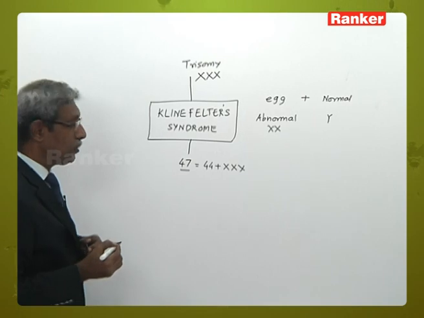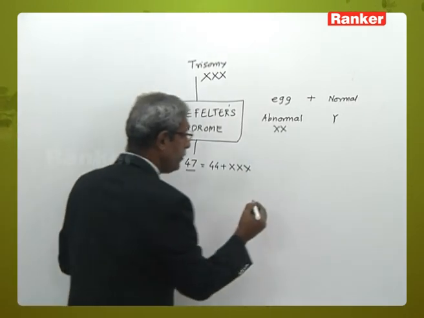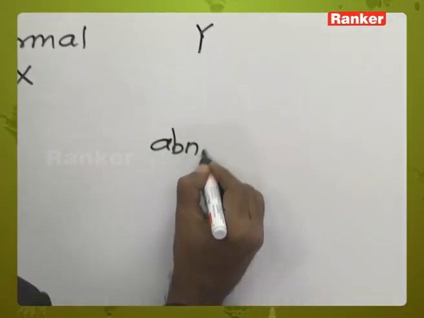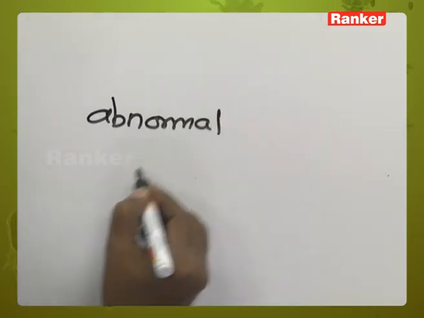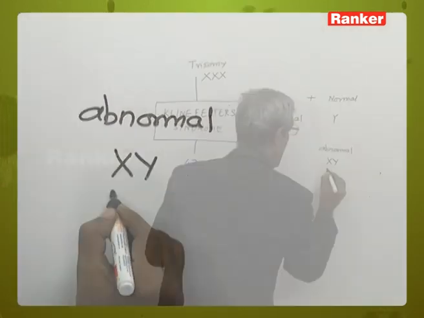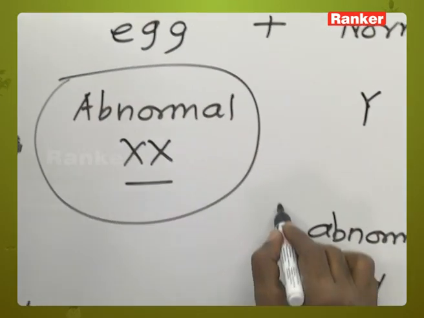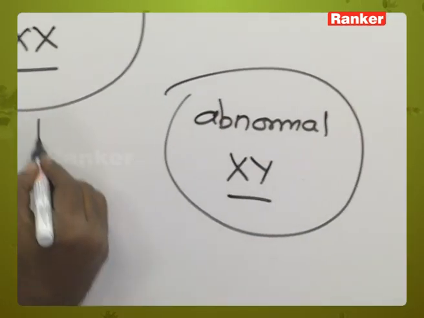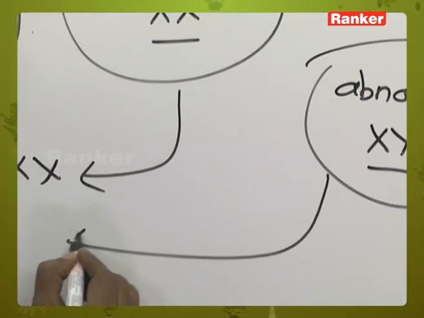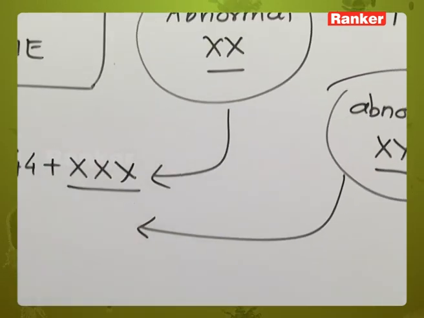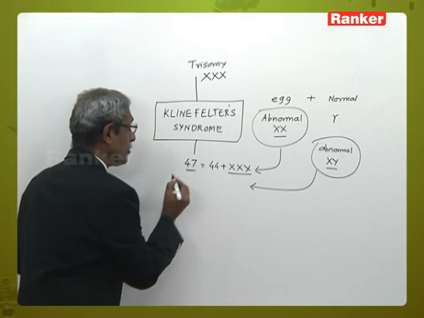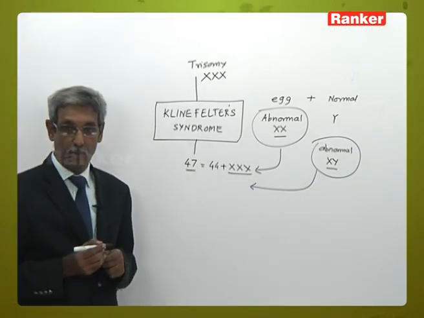The second situation could be if there is an abnormal Y chromosome, when it could be XY. So, a situation of an abnormal XX or an abnormal XY, both of these can lead to an increase in chromosomes, which forms 47 chromosomes in the case of Klinefelter syndrome.